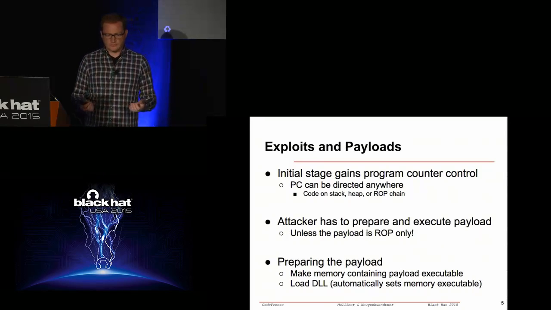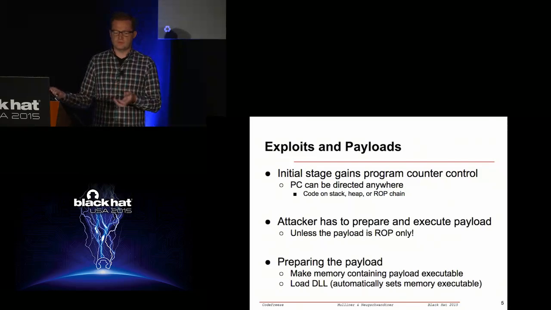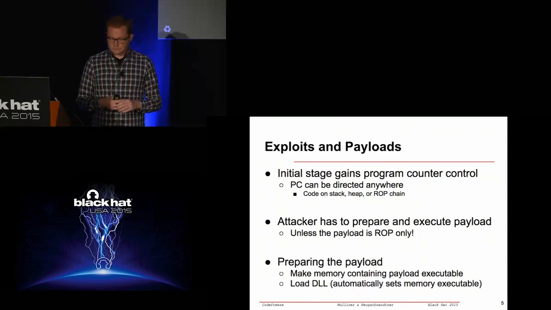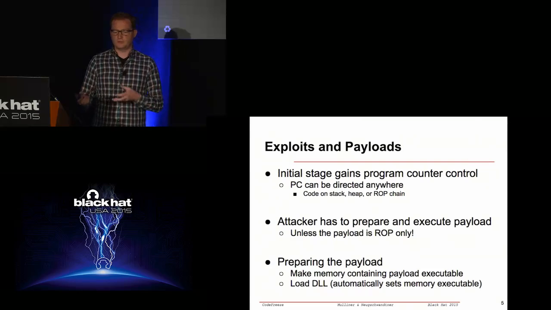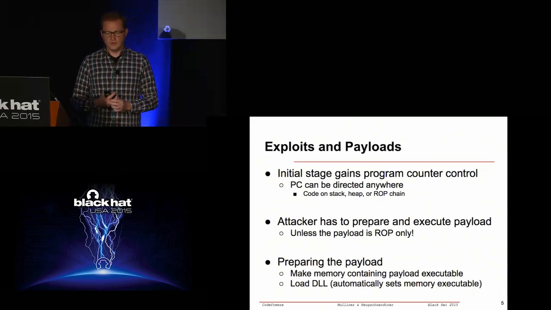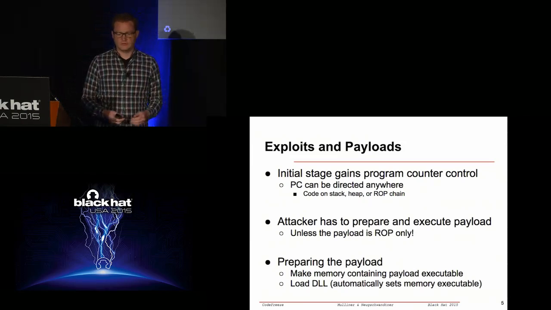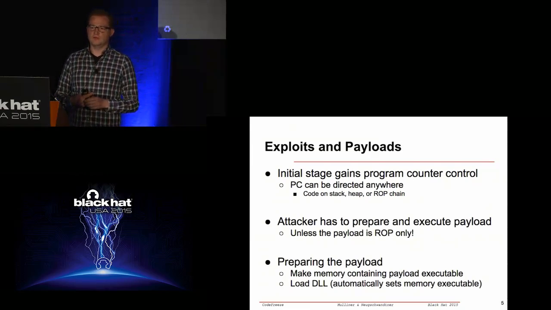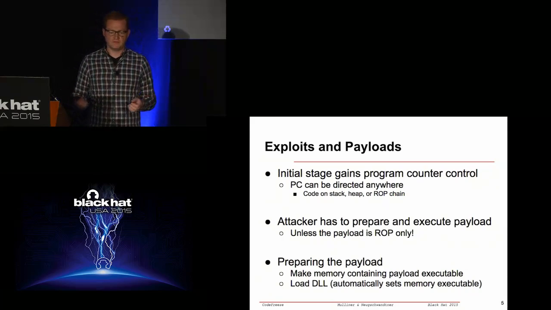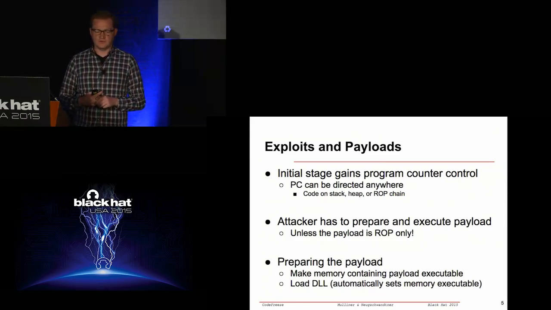But even if you have a ROP chain, normally you have some payload. So what the attacker normally does is prepare this introduced code and then just execute it. Of course, you can have a completely ROP-only payload, but the really complex payloads are unlikely to do that.